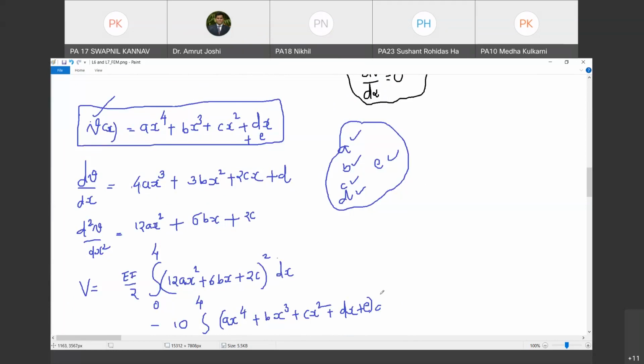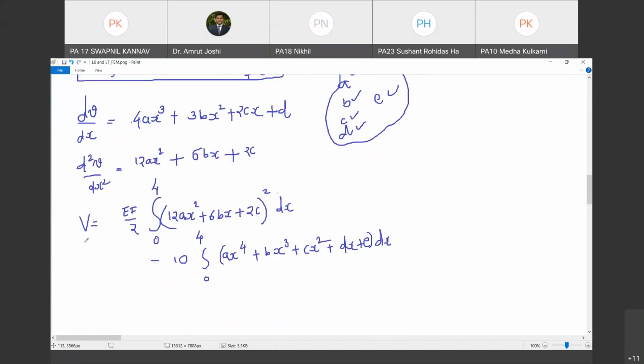Happy? Now can you tell me this potential energy is a function of what? Look at this and tell me. When I integrate, x is not going to be there in the resulting equation, because x vanishes when I substitute the upper and lower limits. Do you agree with me? Yes, sir. So it is going to be a function of what?